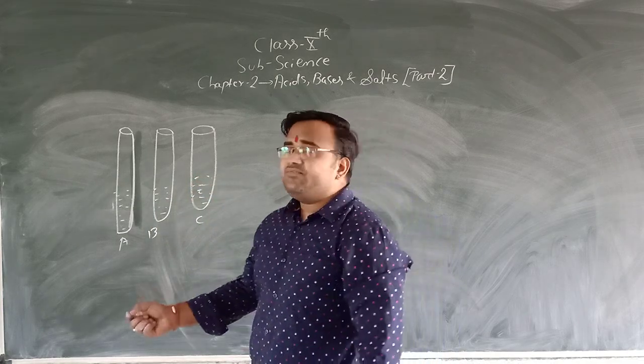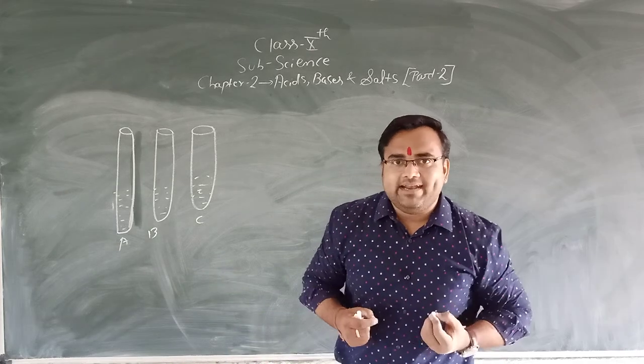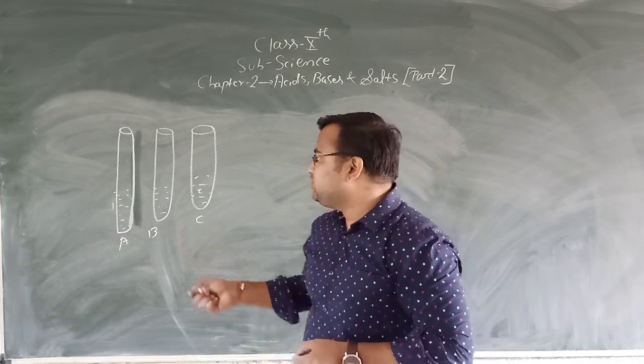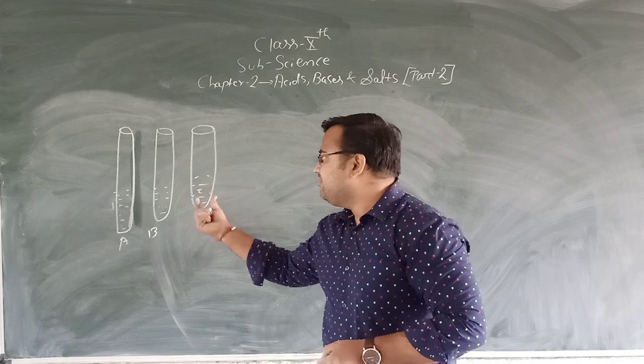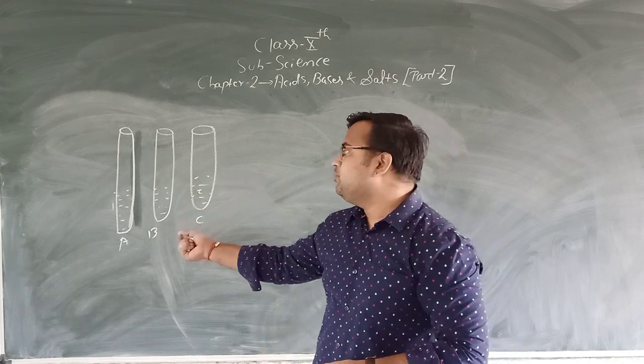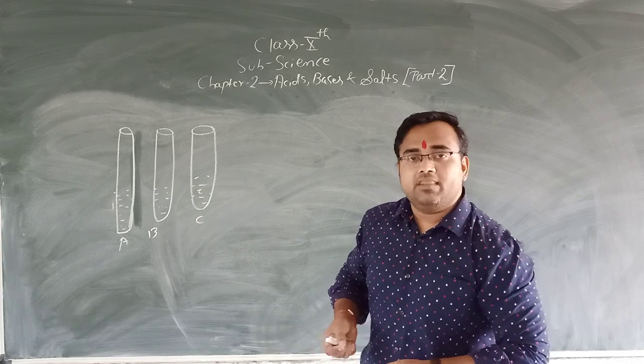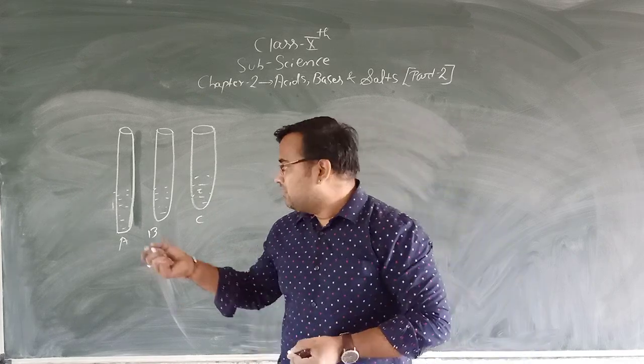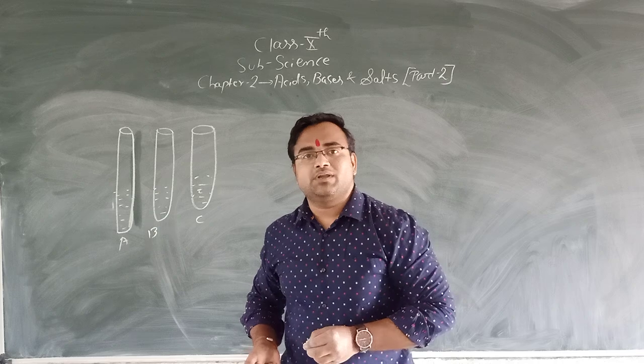Now, if in practical I want to identify the nature of the solution in test tube A, test tube B, and test tube C, then how will I come to know that the given solution is acidic, basic, or neutral in nature?